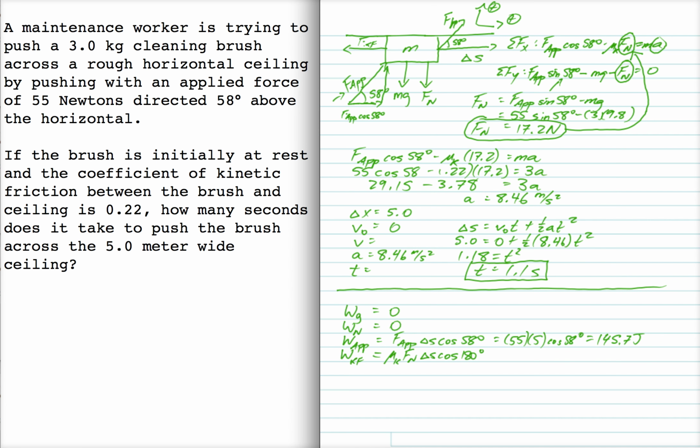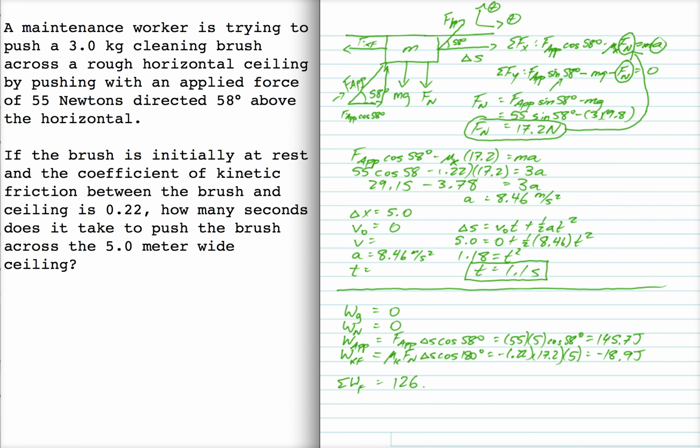Because the force of kinetic friction is in the opposite direction, so that cosine 180 gives you a minus sign, and then we plug in the values that we know already to get minus 18.9 joules. So if we sum the works done by all the forces, it is 0 plus 0 plus 145.7 minus 18.9.